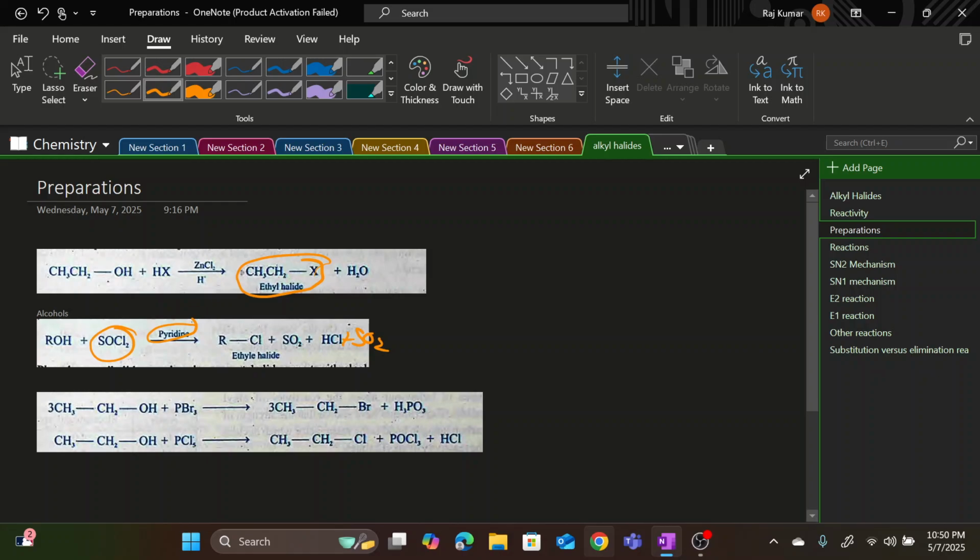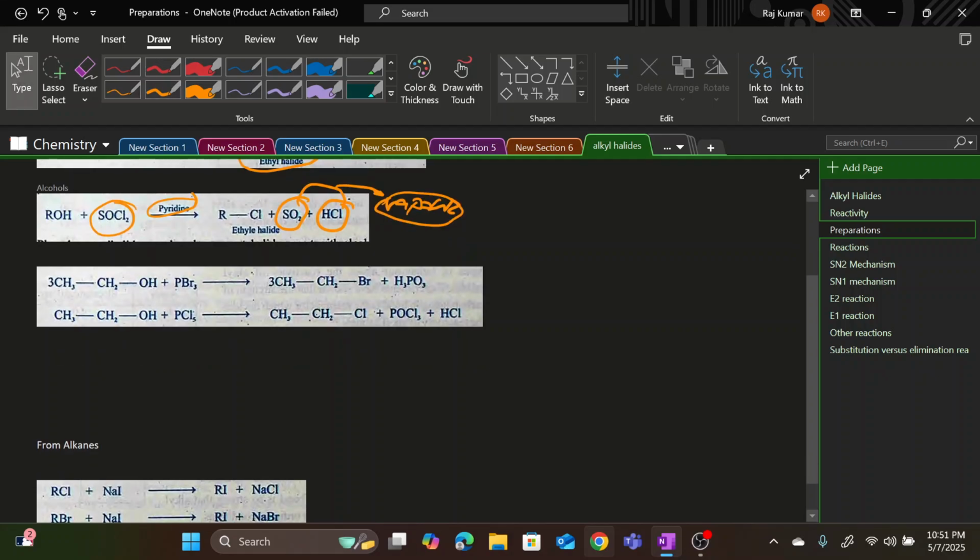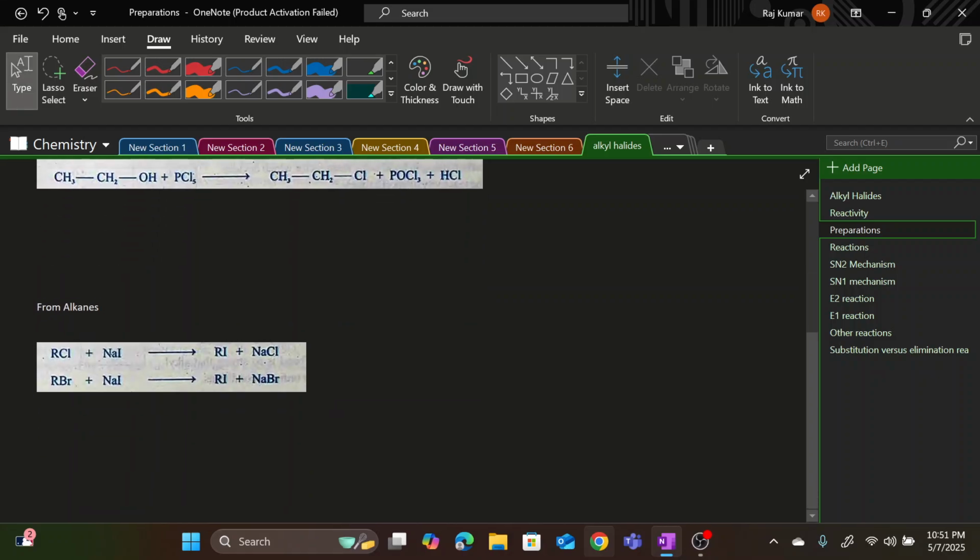Now, both sulfur dioxide and HCl are found in vapor form, due to which this method is highly preferred because it's easier to extract the ethyl halide. And then we have phosphorus trihalide and phosphorus pentahalide, which react with alcohol to produce the alkyl halides.